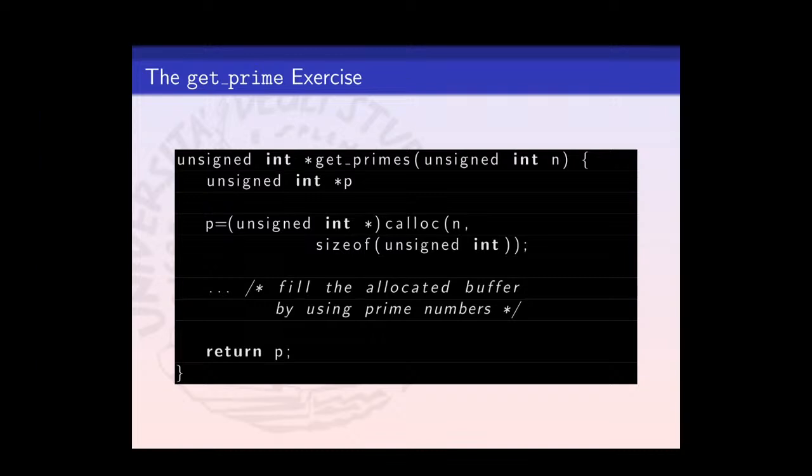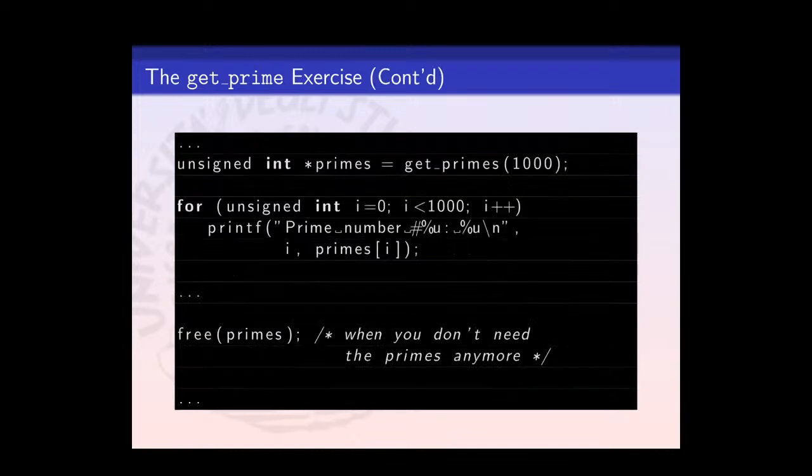Let me see whether the next line explains what I told you. So this is a call to the getPrime function we have just implemented. Here, I'm calling the getPrime function, trying to compute the first 1000 prime numbers.